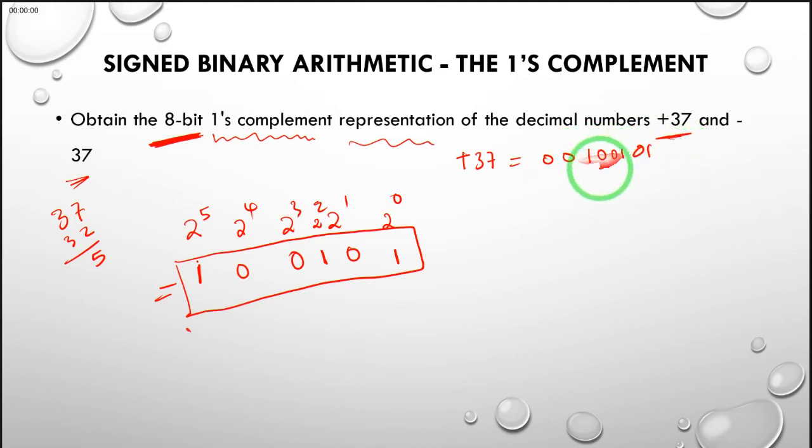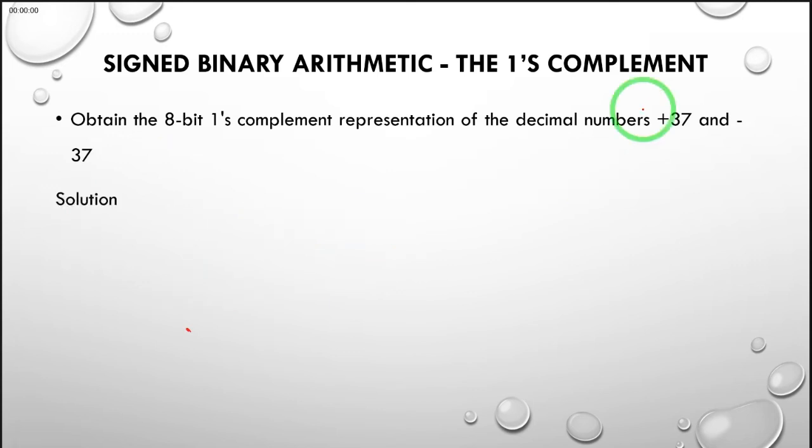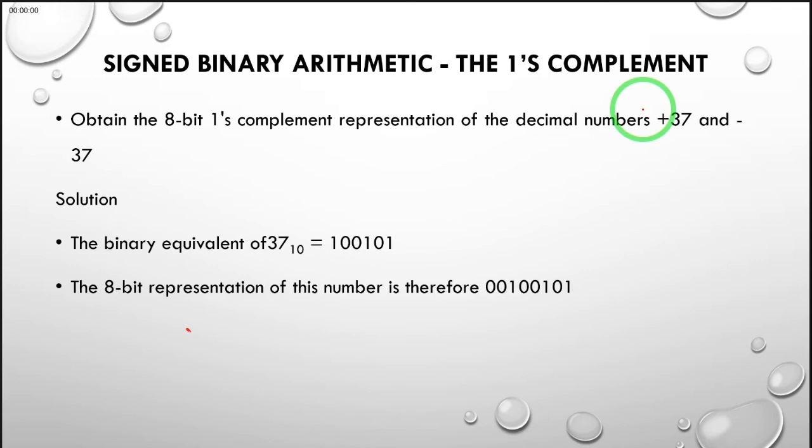If you are to represent this same number using the ones complement scheme, all we need to do is reverse this, and it now becomes 1 1 0 1 1 0 1 0. So now negative 37 is represented by that number using the ones complement method. So in summary, we see that 37 is represented by 100101, and we add 2 zeros that precede these 6 digits.